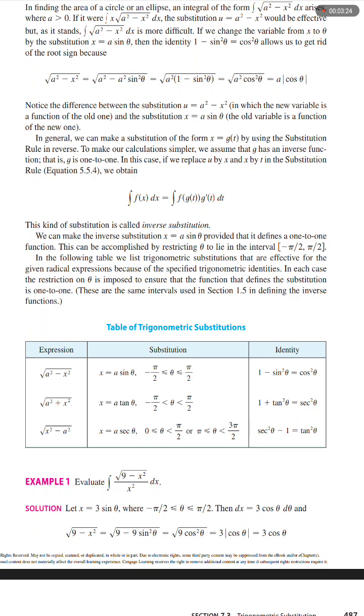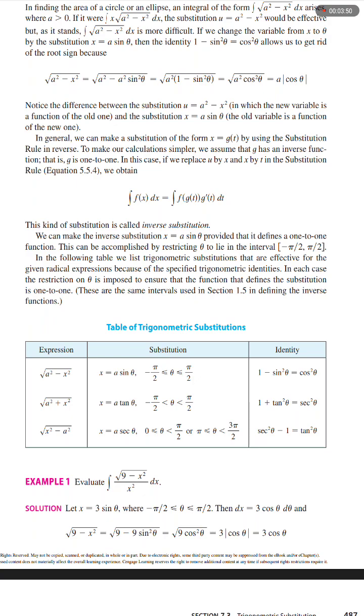We can make the inverse substitution x equals a sine theta, provided that it defines a 1-to-1 function. This can be accomplished by restricting theta to lie on the interval closed from negative pi over 2 to pi over 2.